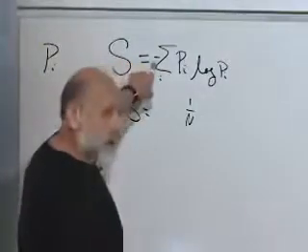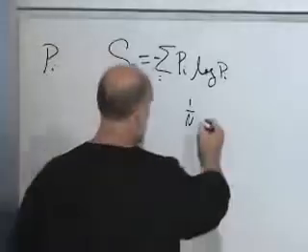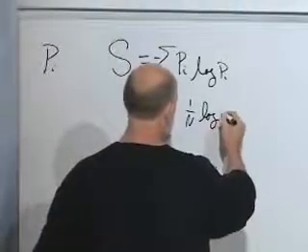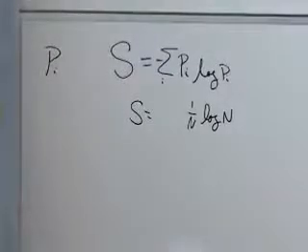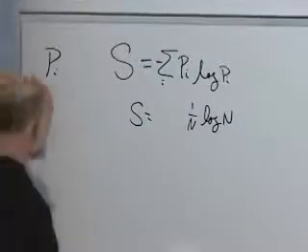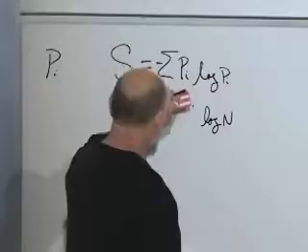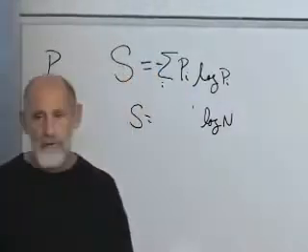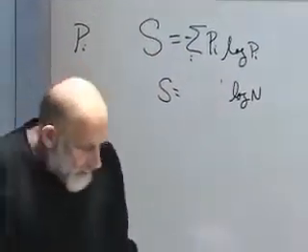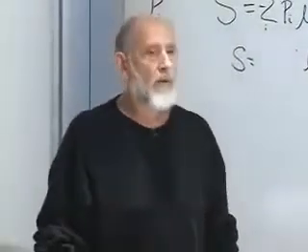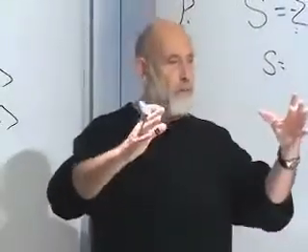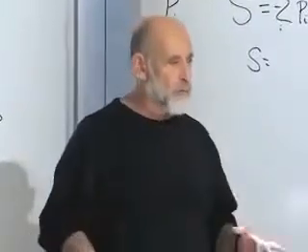But it's minus log 1 over n, so that's actually the same as log of n. But then you have n terms in the sum, so you have to multiply this by n, and the answer is that the entropy is the logarithm of the number of states. The entropy is, roughly speaking, the logarithm of the number of states which are important in the probability distribution.